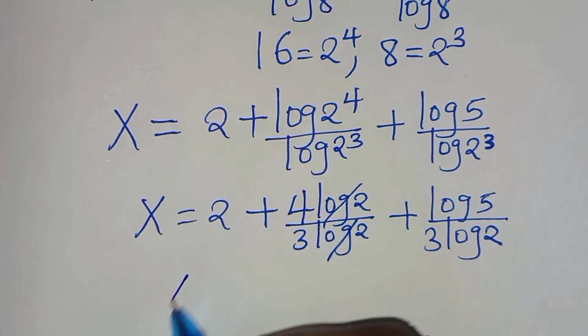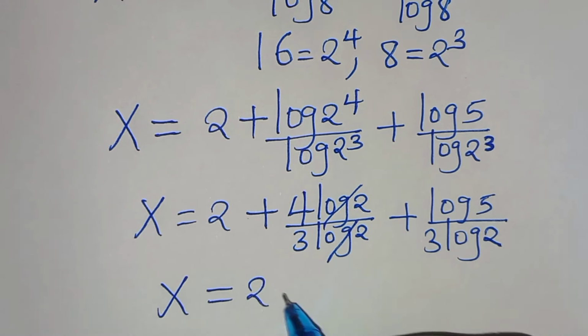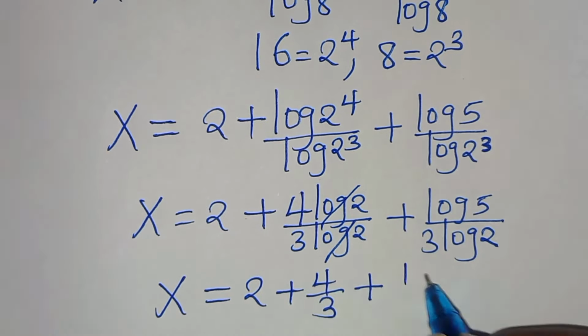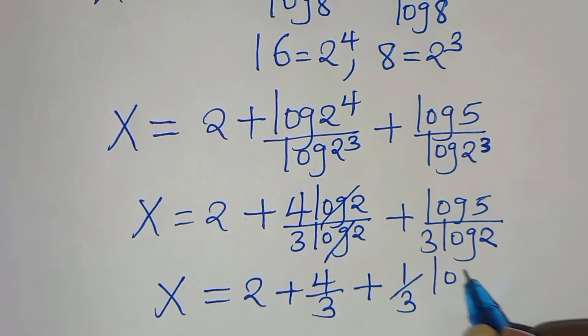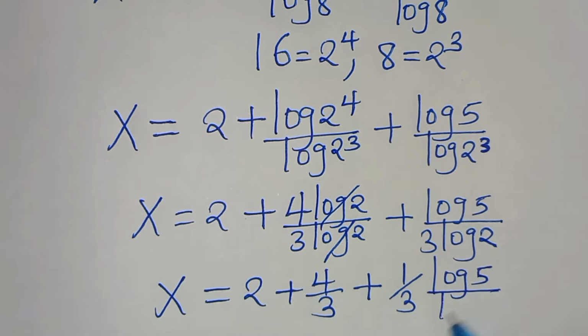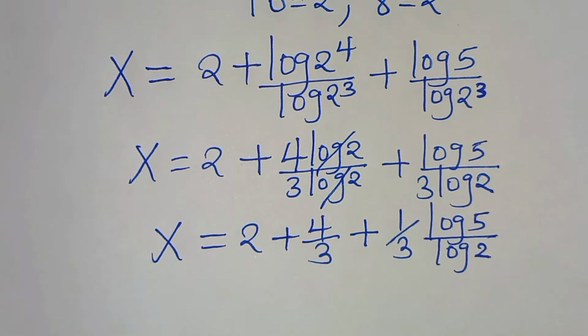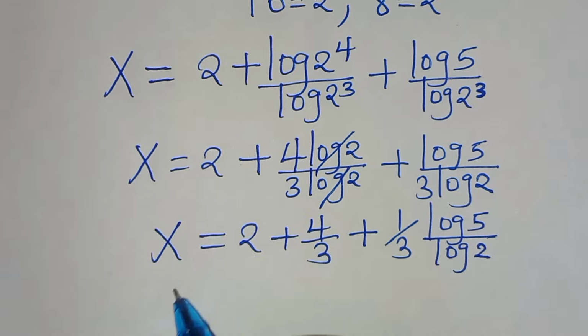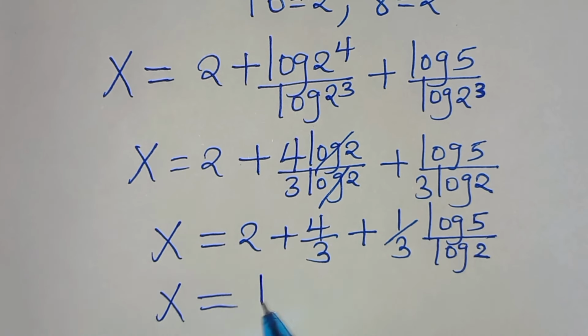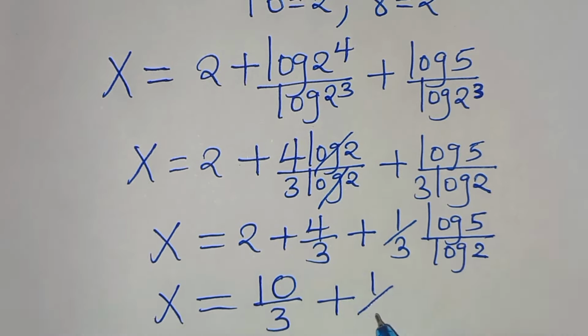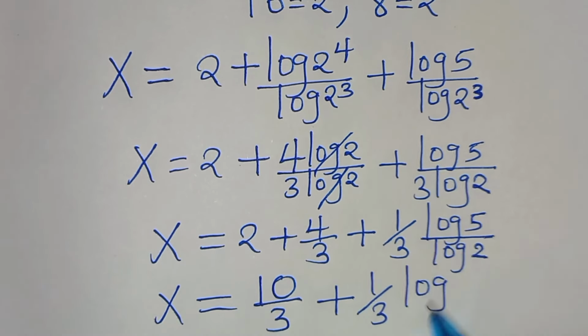So that now we have x is equal to 2 plus 4 over 3. Then plus here we have 1 over 3 log 5 divided by log 2. So now we have 2 plus 4 over 3. This is the same thing as 10 over 3 plus 1 over 3. This is log 5 divided by log 2.